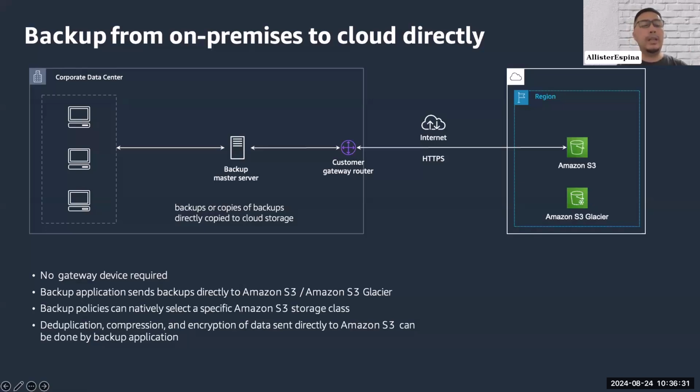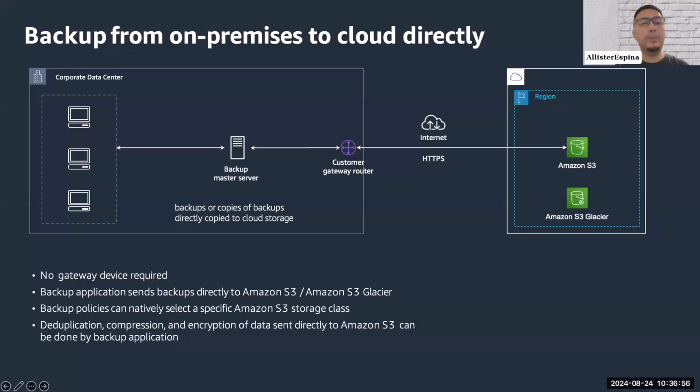Then this is the simplest and most cost-effective backup solution, using just one type of service, which is S3. Or you can copy the backup directly to S3 Glacier, which is another storage class of S3 that is much cheaper compared to the standard storage class of S3.